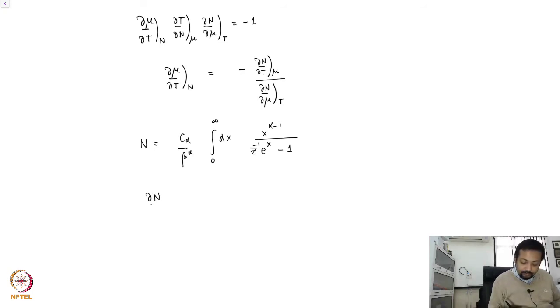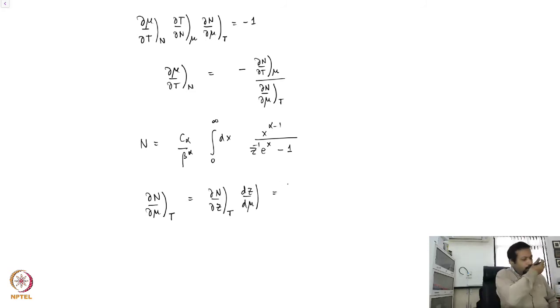The easier one is (∂n/∂μ)_t held constant, and that is going to be (∂n/∂z)_t held constant times dz/dμ, which is again β times z times (∂n/∂z)_t held constant.